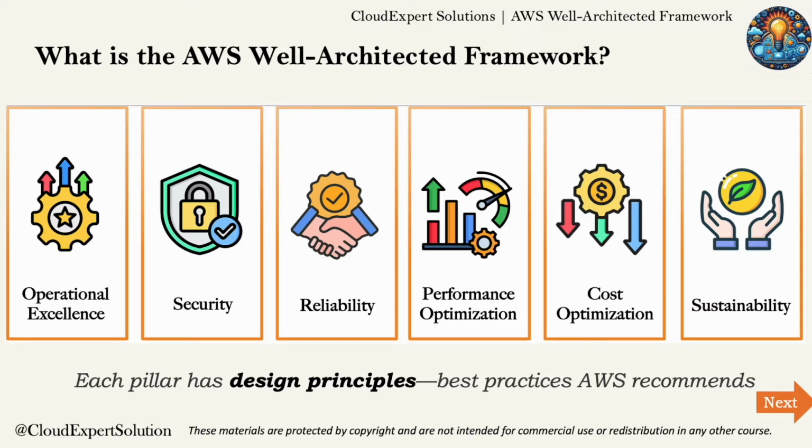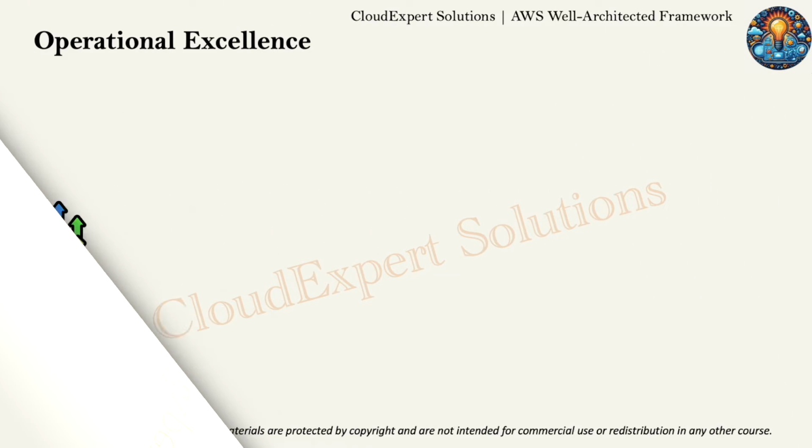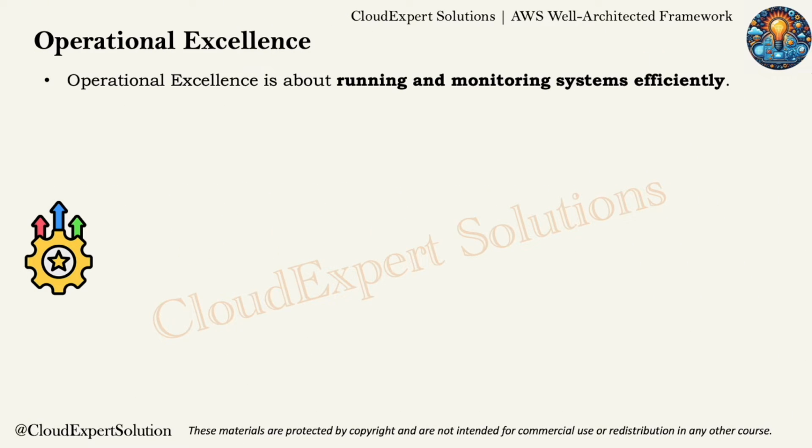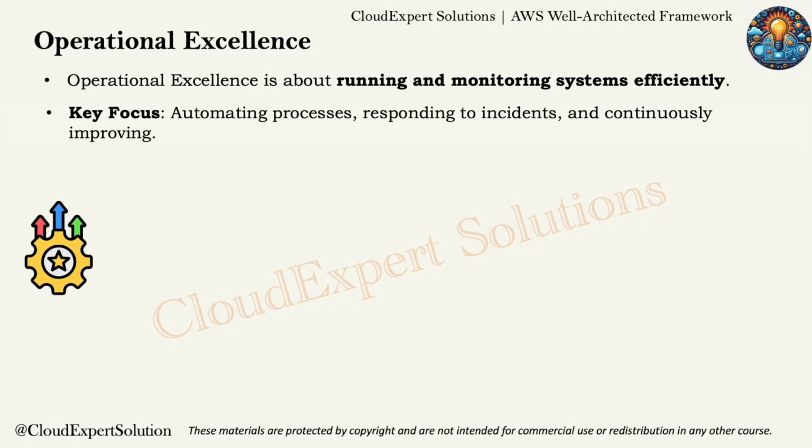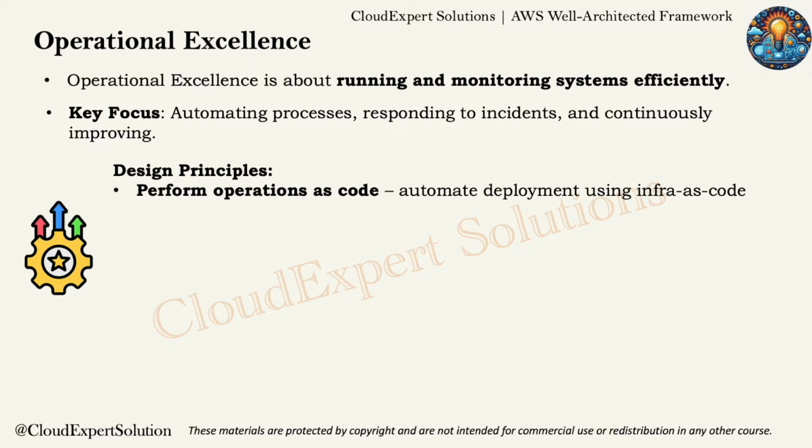We'll start with operational excellence. Operational excellence is about running and monitoring systems efficiently. The key focus area is automating processes, responding to incidents, and continuously improving. Under the operational excellence pillar, AWS best practices say perform operations as code.